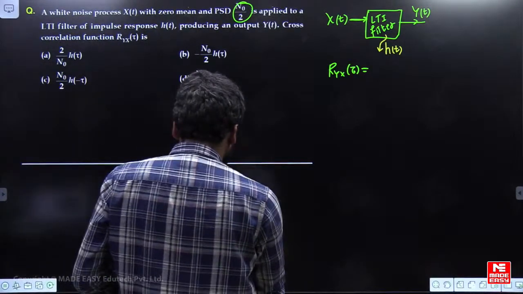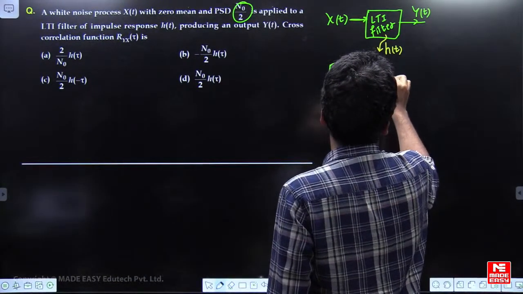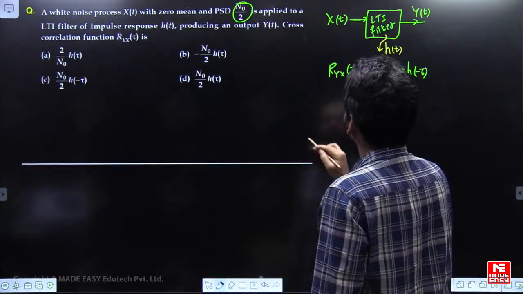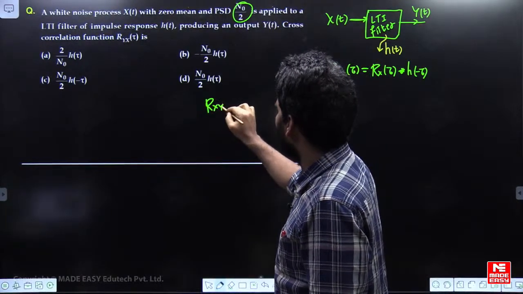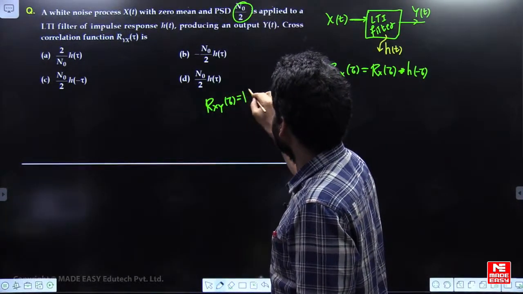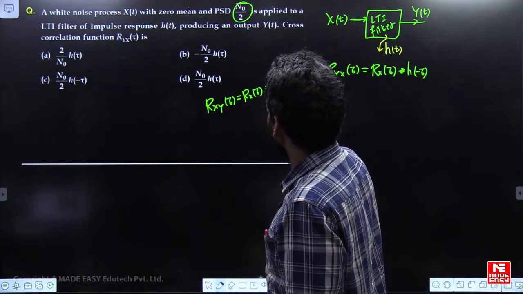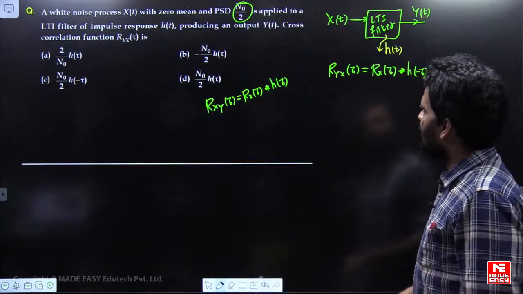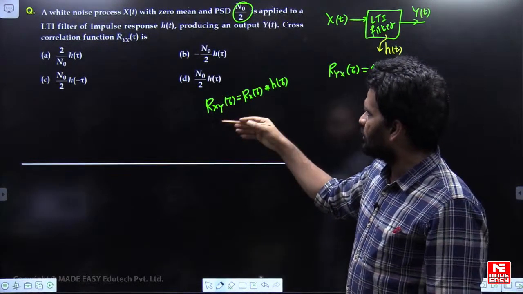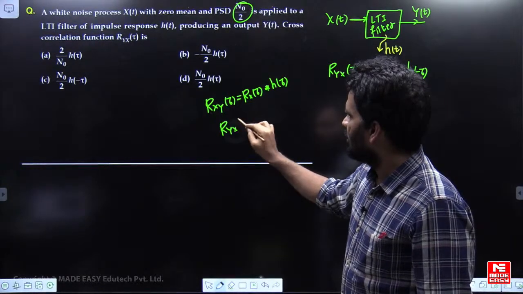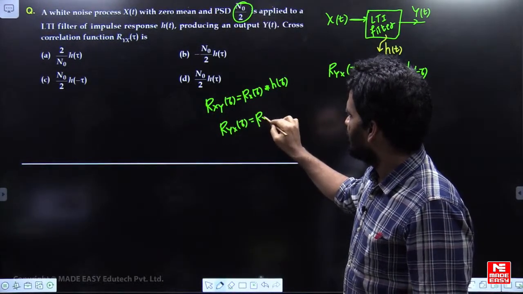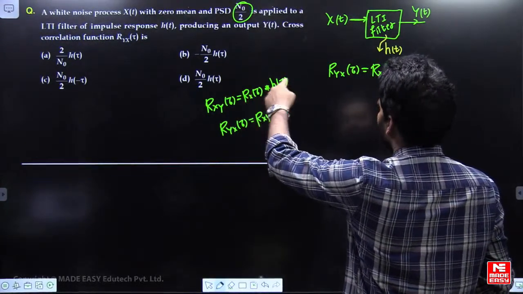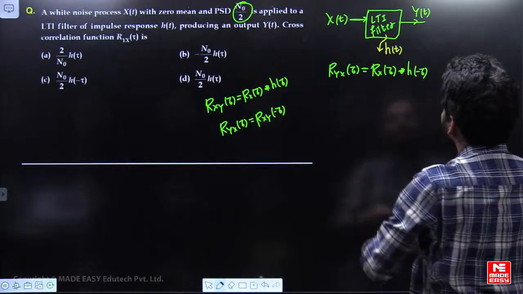I gave the formula: R_yx(τ) is R_x(τ) convolved with h(−τ), right? What is the formula I gave for R_xy(τ)? R_xy(τ) is R_x(τ) convolved with h(τ). And R_yx(τ) is R_xy(−τ). So if you see R_xy(−τ), R_x(−τ) is R_x(τ) only, and you will get h(−τ).